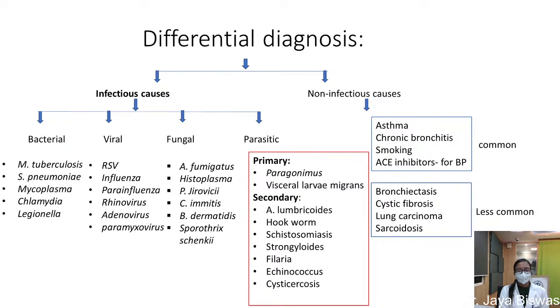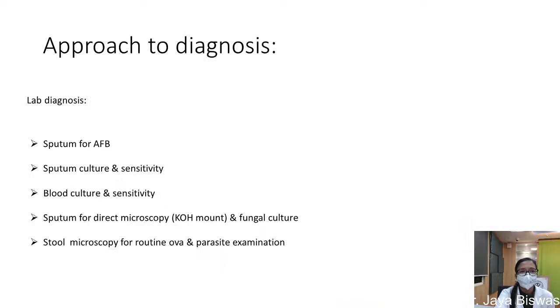Some causes of atypical pneumonia like mycoplasma, chlamydia, legionella, and acute pneumonia causing strep pneumonia are also my DD of bacterial causes of lung respiratory symptoms. And these are the viral. So directly go to your sample which you have advised the patient.